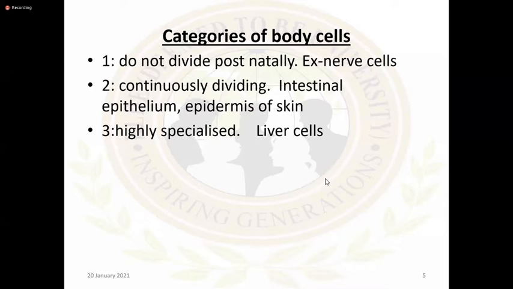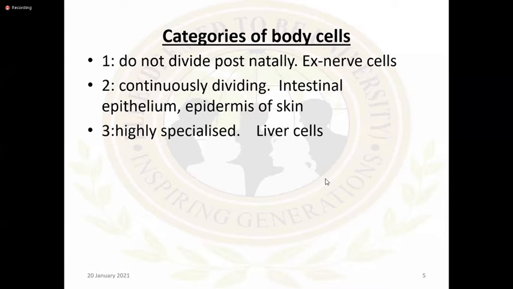Not all the time do liver cells divide. Only if you have resected about 2/3 of the liver, and only 1/3 is left, that 1/3 has the capability of going on dividing and replacing the dead cells. So these are specialized cells of the body.